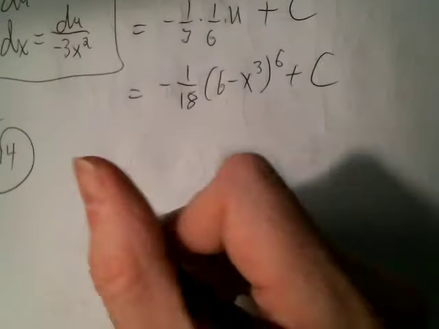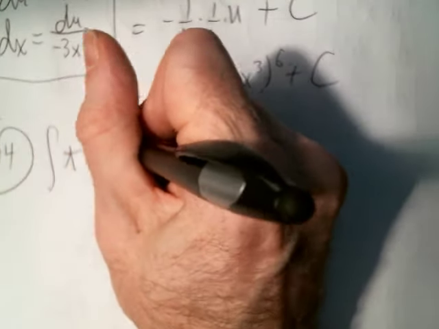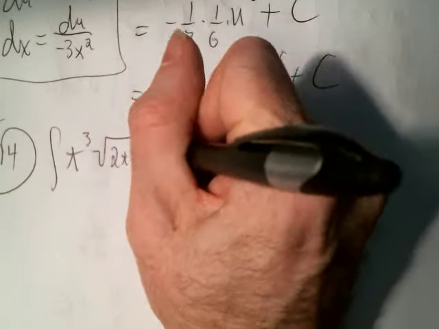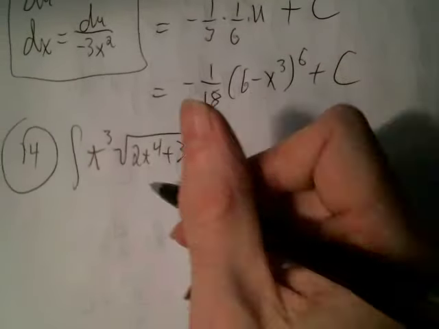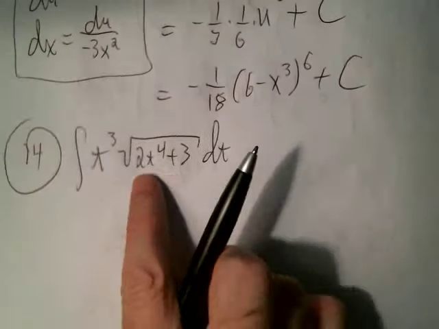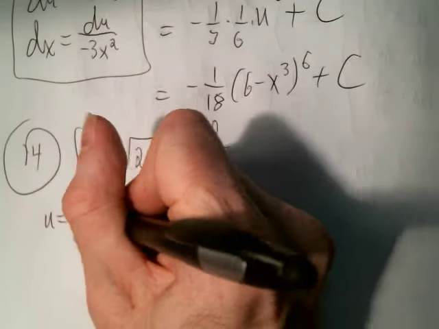We have the integral of t cubed times the square root of 2t to the 4th plus 3 dt. Okay, so I note that the derivative of this stuff is like this guy right here. So that's stuff. I'm going to make my u sub.